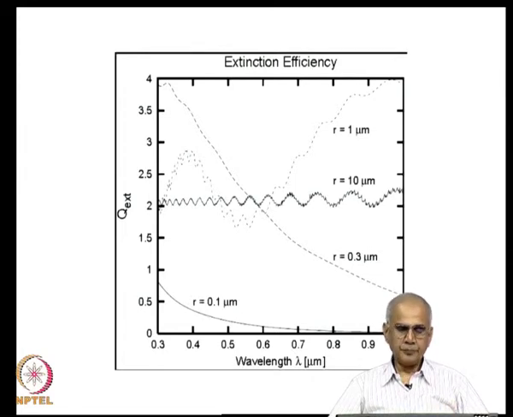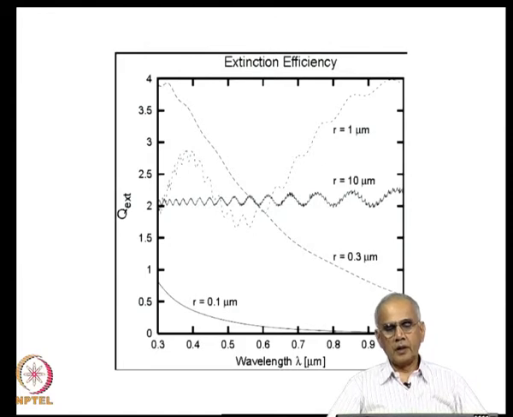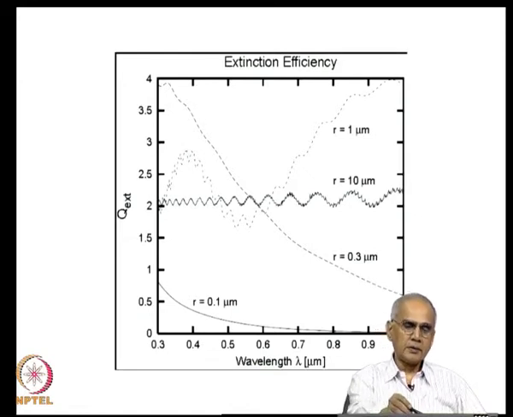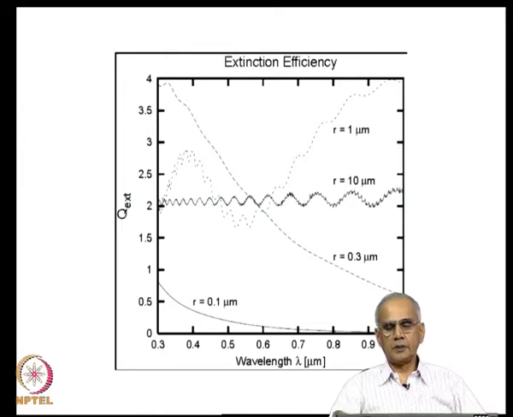So, when all the 3 processes occur together, the effective cross section area can exceed pi r squared, the cross section of the particle, and this is happening at 10 micron particle. But of course, smaller particles like 0.3 micron, their influence is, especially in the infrared, somewhat limited.